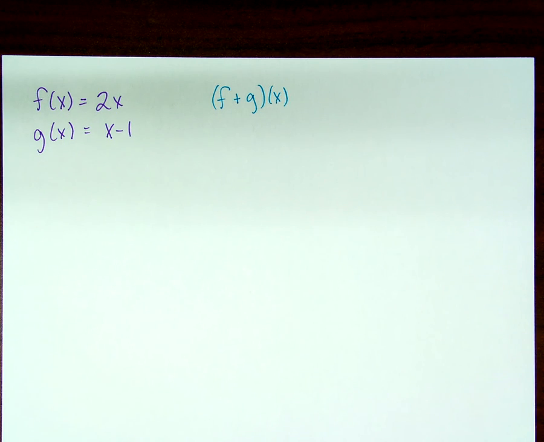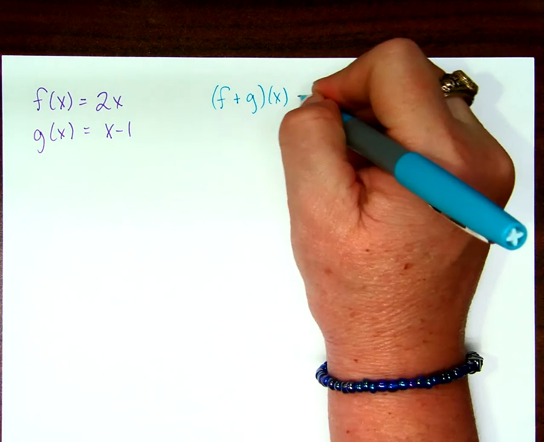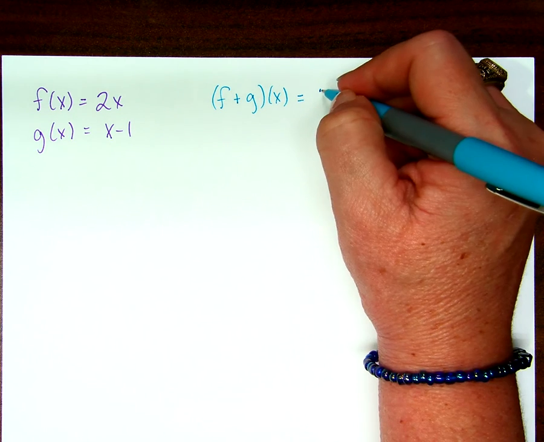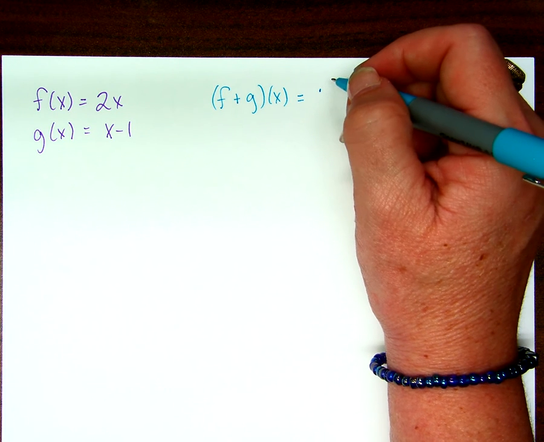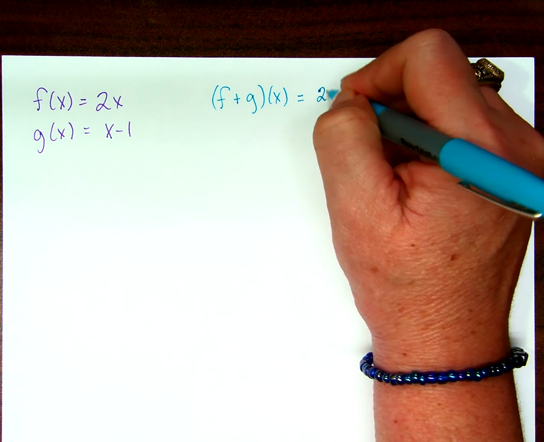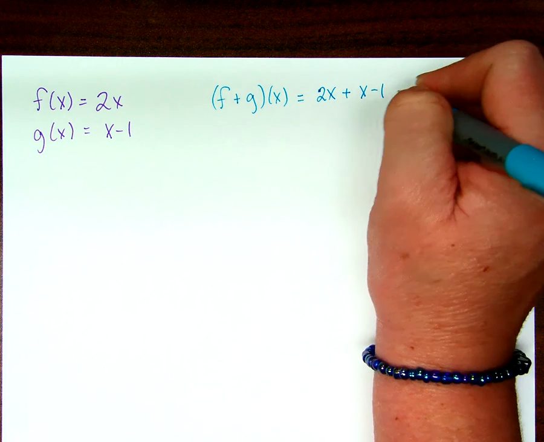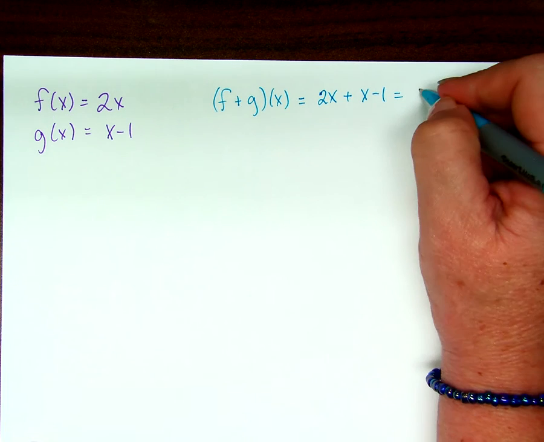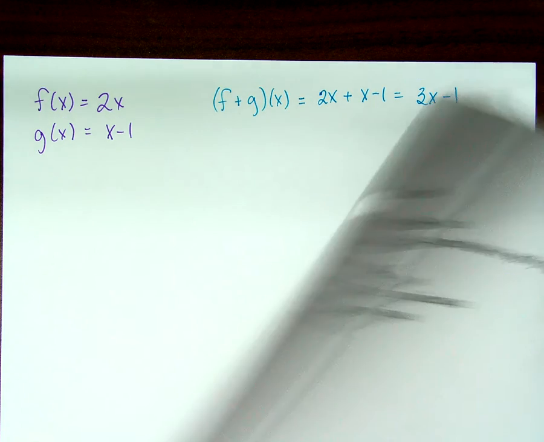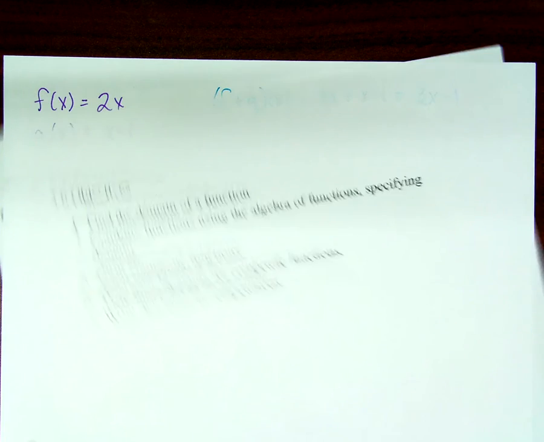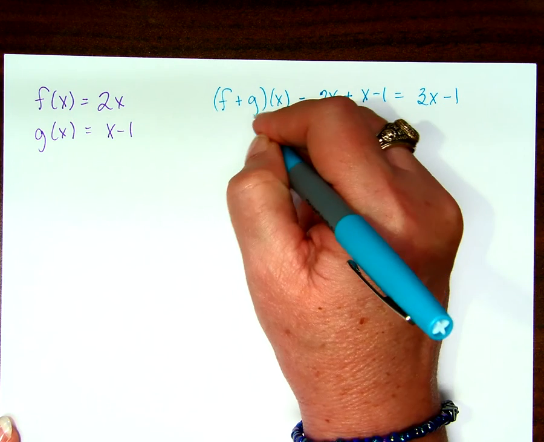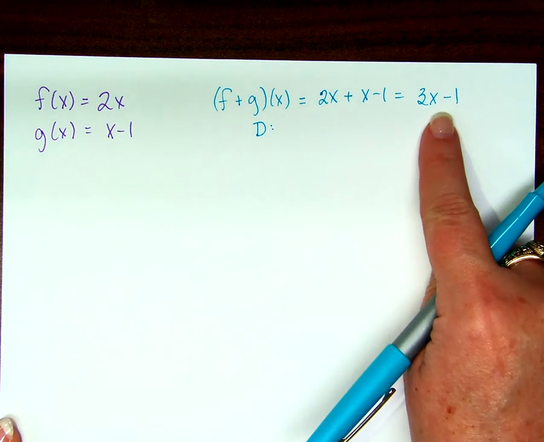How are we going to do f plus g of x? Yeah, just add them together. F plus g of x. Perfect. And then what it also wants you to do after that is specify the domain. Once you get your answer, you have to think about what this new type of function is and specify the domain. What's the domain of this new function?